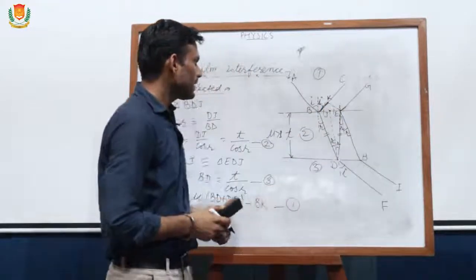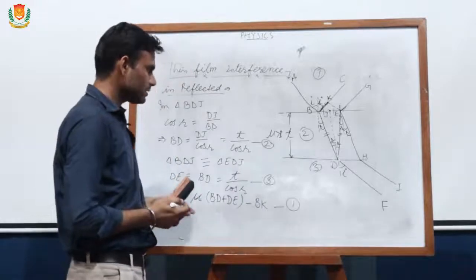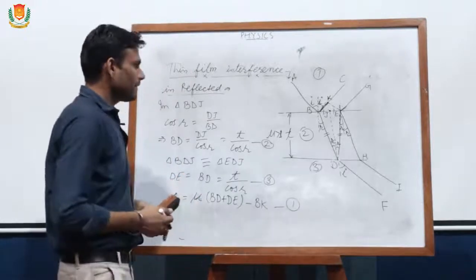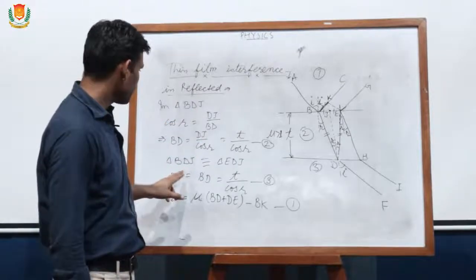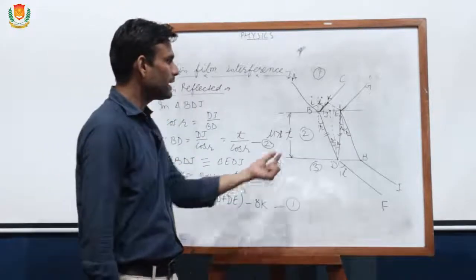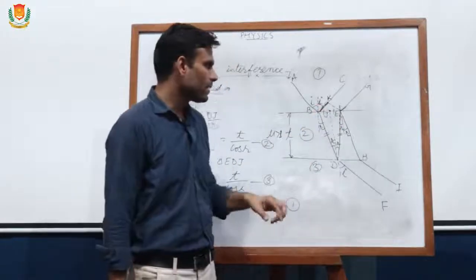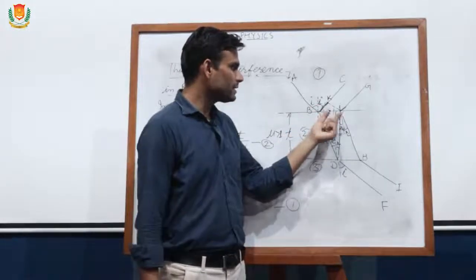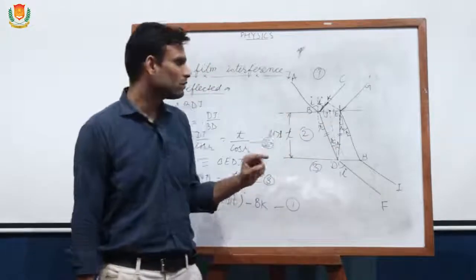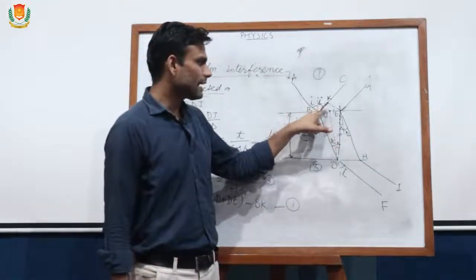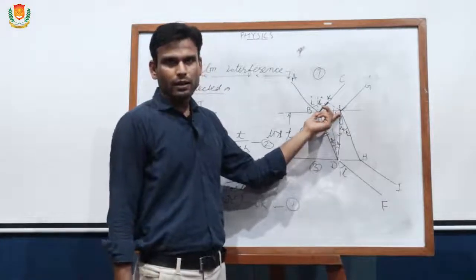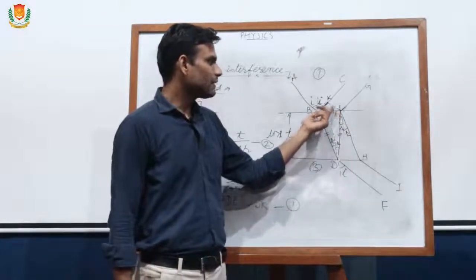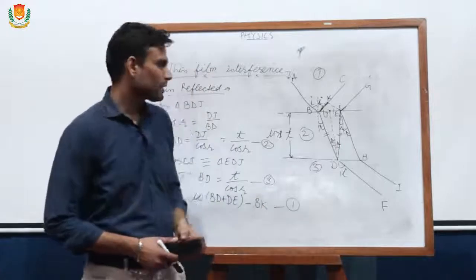So to calculate BK, we again use these two triangles, triangle BDJ and triangle EDJ, to calculate BJ and JE. When we calculate BJ and JE, then we will have two known parameters, one this angle KBE, and one this parameter BE. On knowing these two parameters, we can calculate BK.